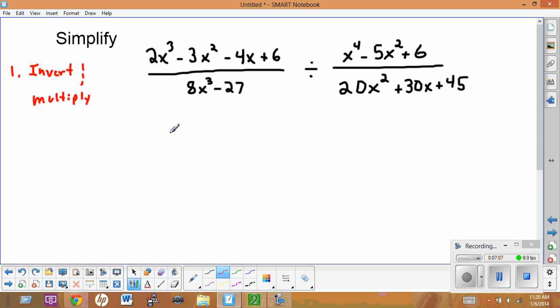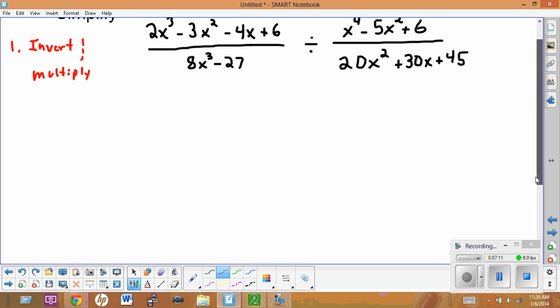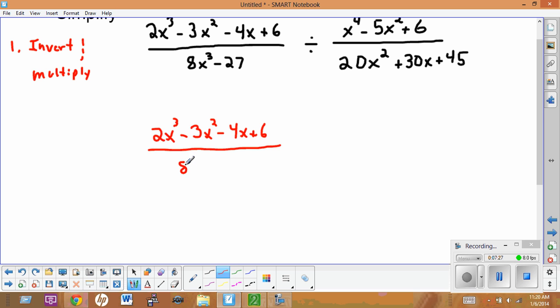So I'm just going to simply rewrite the problem, leave some space up here because I'm going to write above it. This is 2x cubed minus 3x squared minus 4x plus 6 all over 8x cubed minus 27.